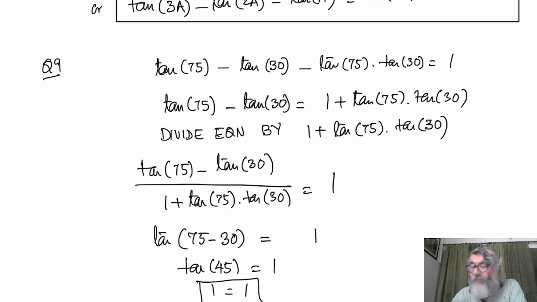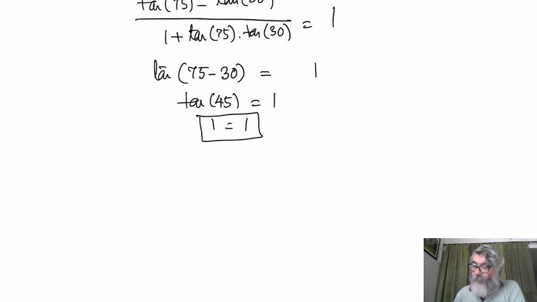So on the left hand side I will get tan 75 minus tan 30 upon 1 plus tan 75 tan 30 is equal to 1, and tan A minus tan B upon 1 plus tan A tan B is tan(A minus B), which is tan(75 minus 30), which will give me tan 45. Tan 45 is 1, which is equal to the right hand side. So we have been able to prove this.